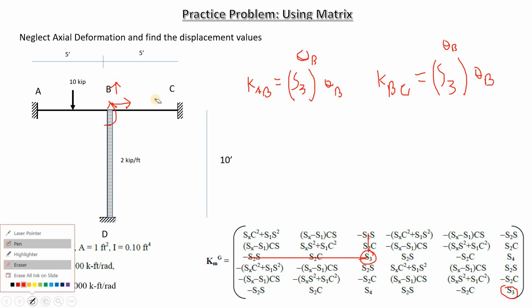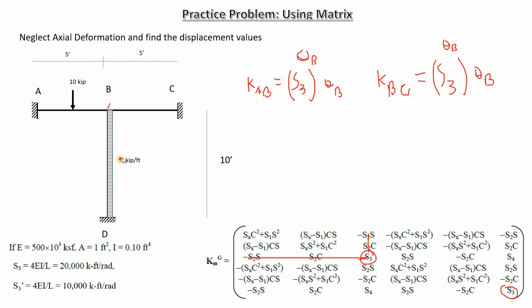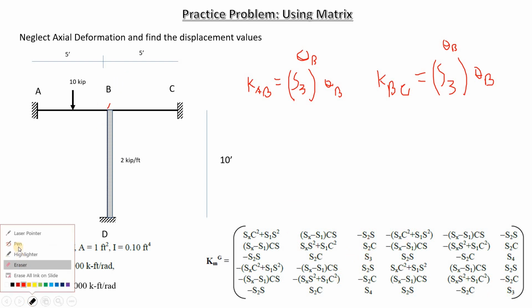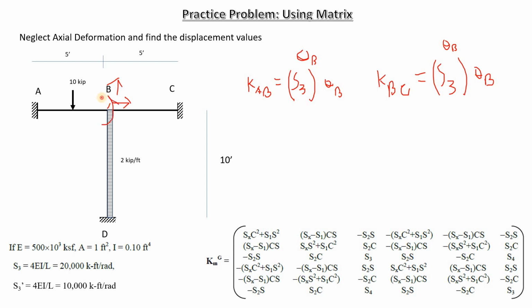Now right after that, we're going to go for the last member of ours, and the last member is BD. So B comes first. So again, 1, 2, and 3. So that's also going to be 3 by 3, which is S3. So we have KBD equals S3.